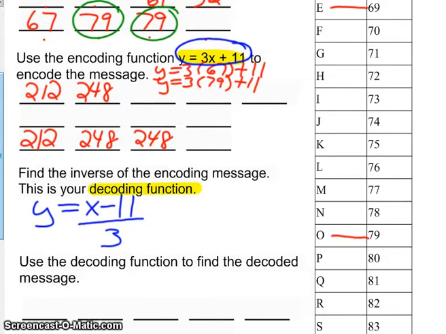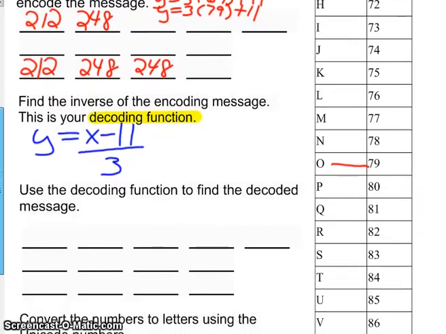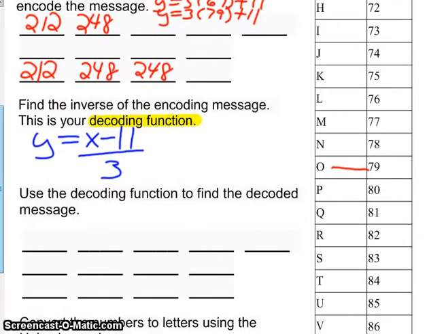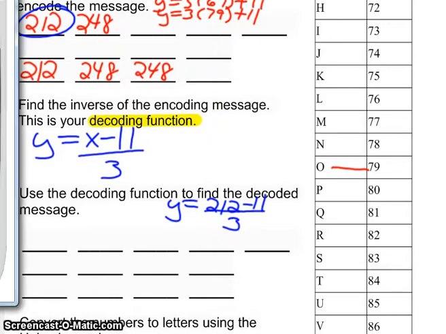All right, so now we're going to decode what we just encoded. I'm going to take my 212, and hopefully we're going to get a C when we get done. I'm going to plug it into the decoding function. So I have y equals 212 minus 11 divided by 3. Bring up the calculator again.